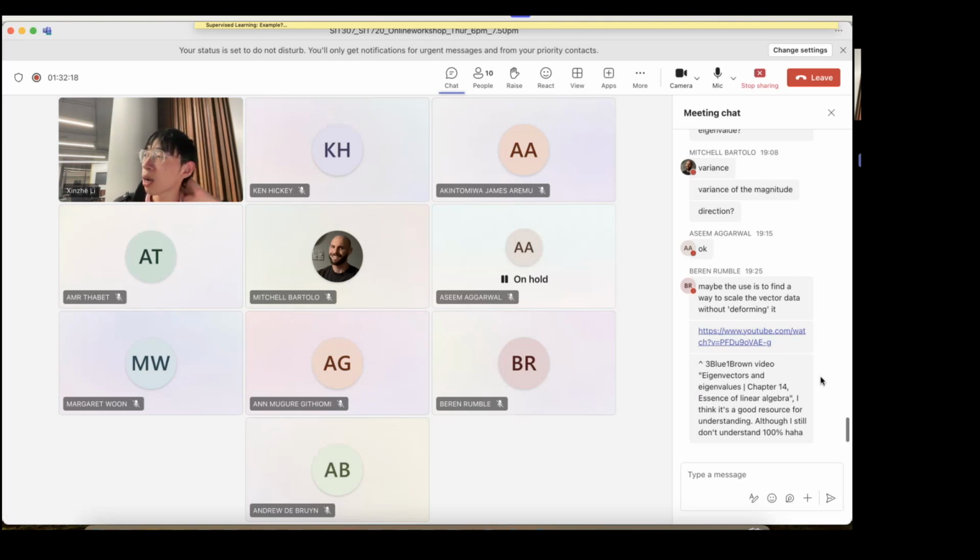Great. For this resource, I just want to share my own experience. I think it's good to understand how you can think of a matrix as a transformation. Let's say you have a data point, then you apply a matrix to this data point.